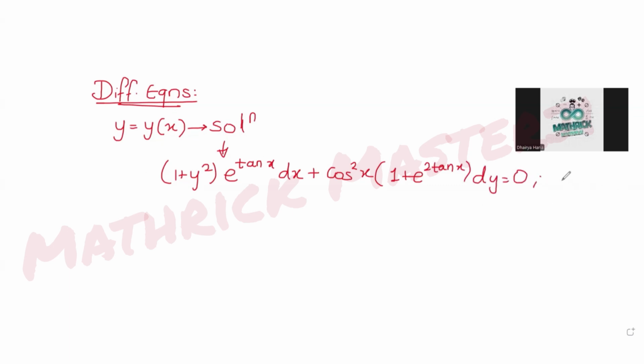This is the entire differential equation given to me, and the question further tells me y of 0 equals 1. The question is asking me to figure out the value of y of pi by 4.